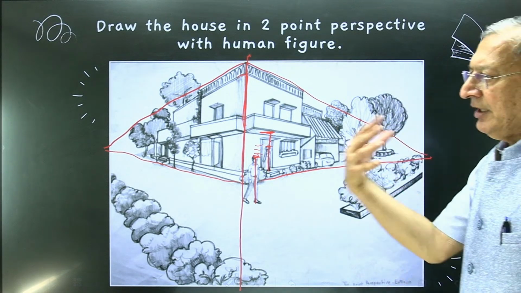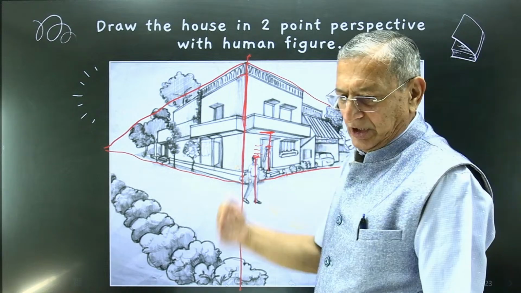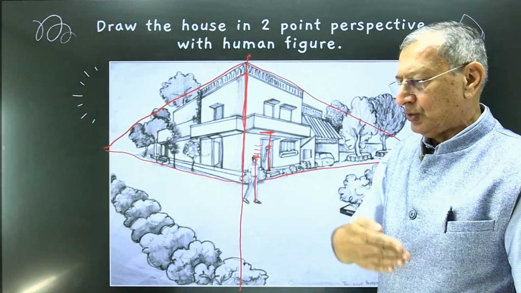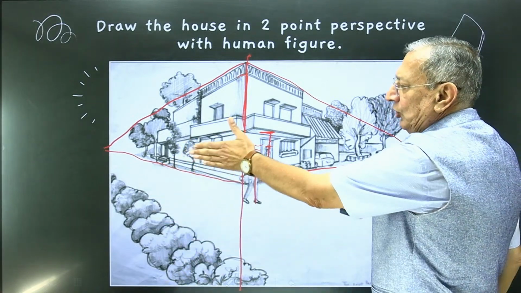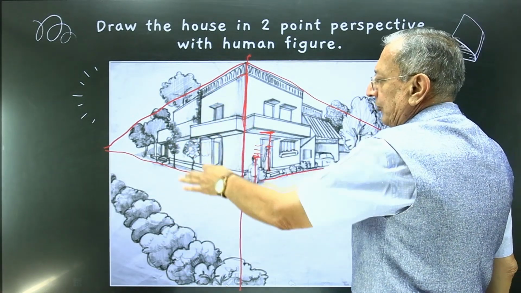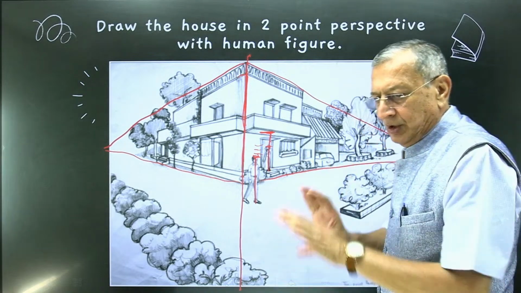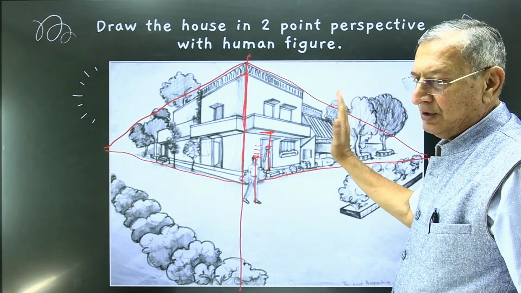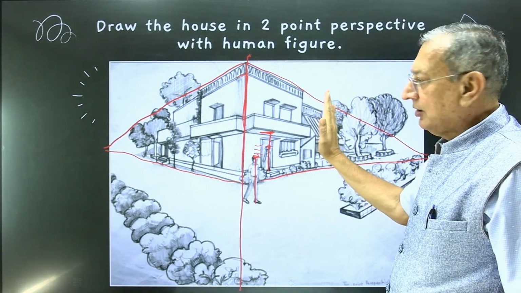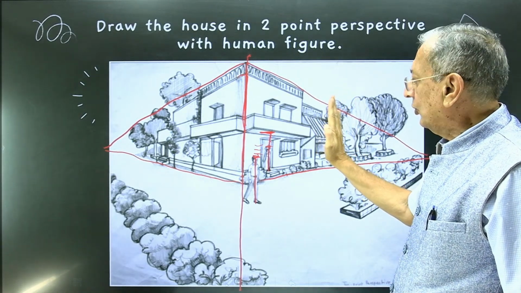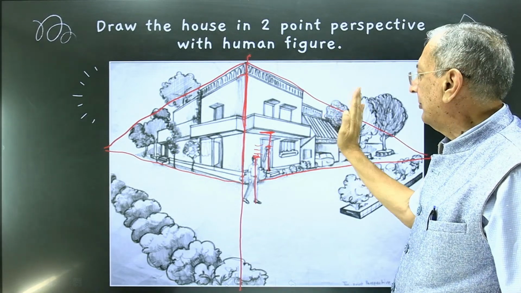We draw a 1-point perspective only when the picture plane is parallel to the flat surface of the object. So if you were to look from here, it would be 1-point perspective and the building would be made like that, or from here, where the flat surface of the house would be parallel to the picture plane.